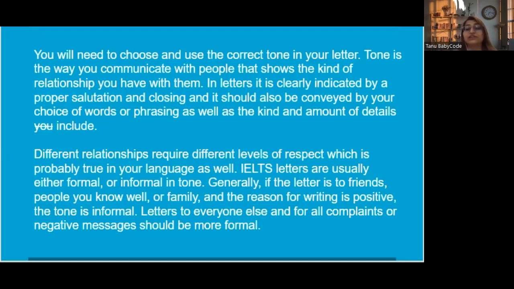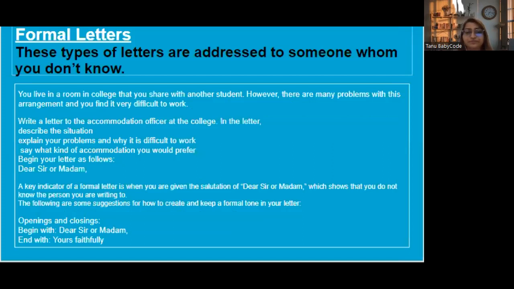Generally, if the letter is to friends and people you know well, like your family, then the reason for writing is positive, so the tone is informal. Letters to everyone else, or for complaints or negative messages, should be formal. Okay. So once you read your question, you can categorize what your type of letter is.